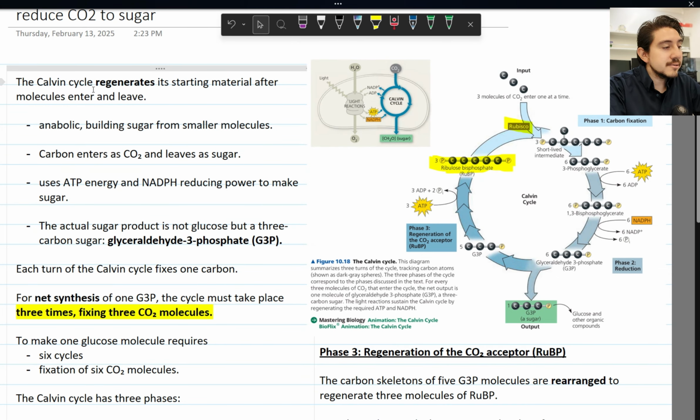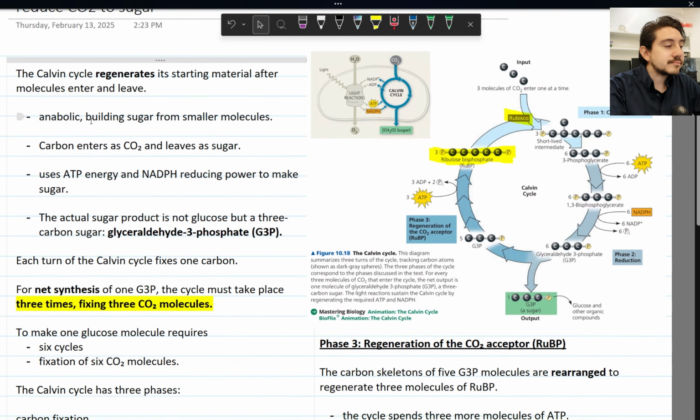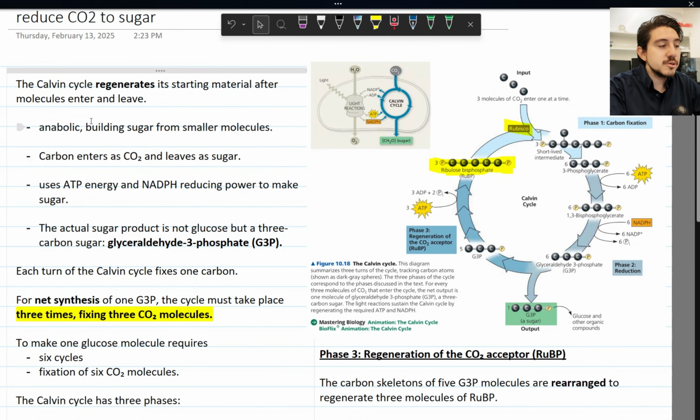The Calvin cycle regenerates its starting material after molecules enter and leave, similar to the Krebs cycle, where you're producing oxaloacetate. Again, just to note, this is an anabolic process.